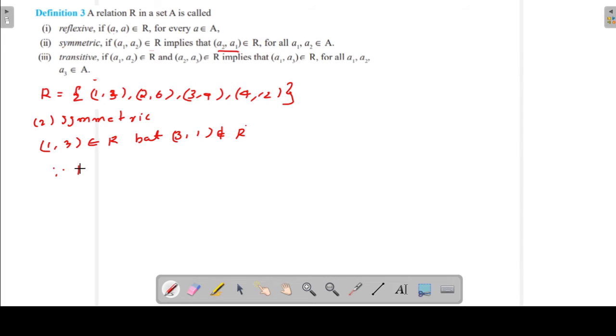Therefore R is not symmetric. Next, check the third one, transitive.